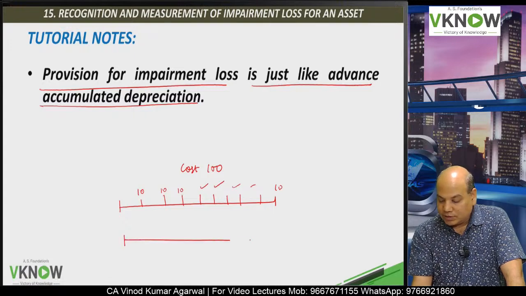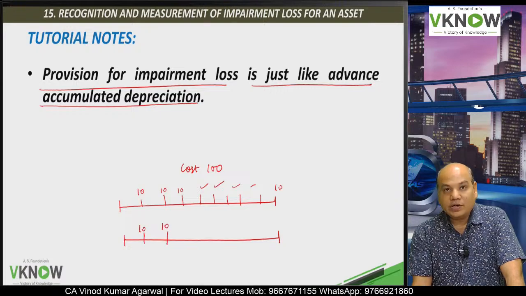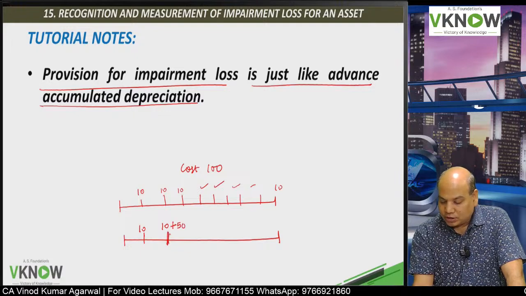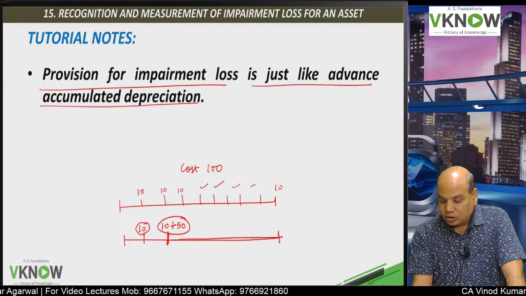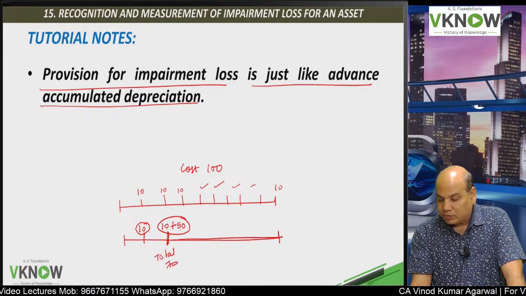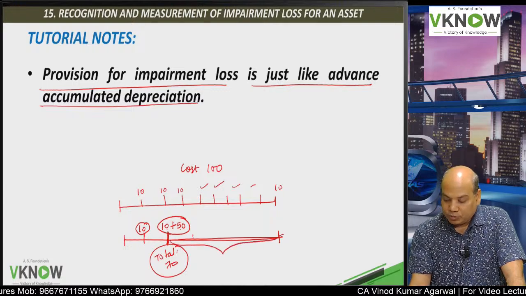But if the asset is impaired, suppose after 2 years the asset is impaired, and let us say impairment loss is 50, so you are going to reduce the asset value by a further 50, and now the total depreciation plus impairment is 10 plus 10 plus 50, total 70 we have already provided. The remaining 30 will be provided over the remaining years.